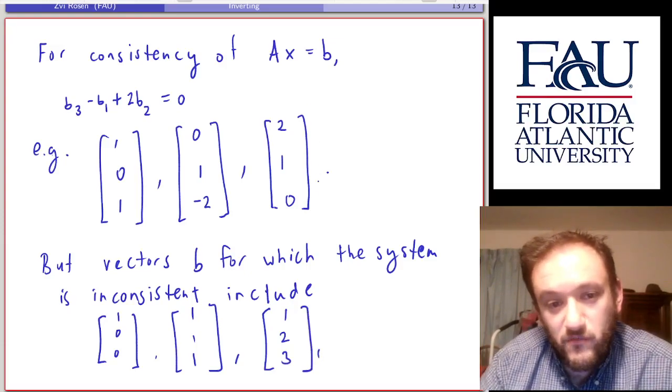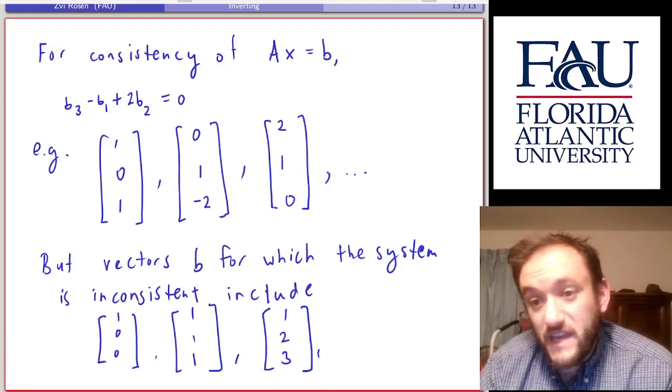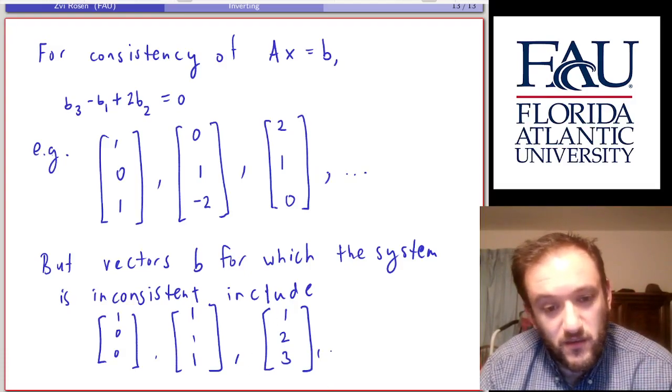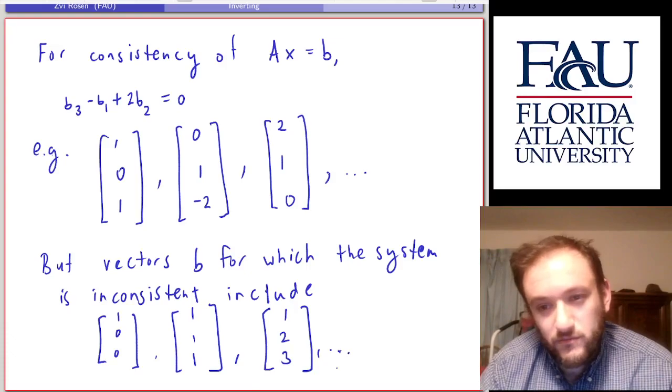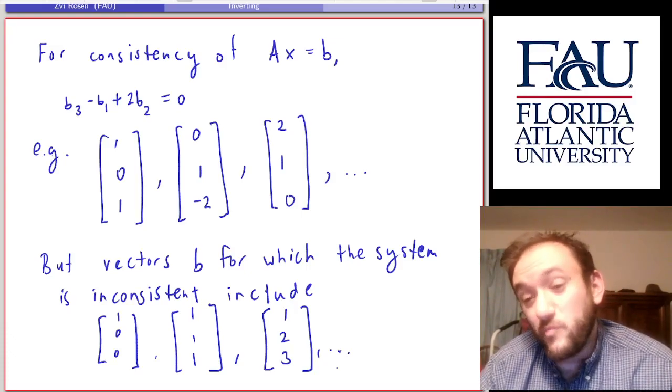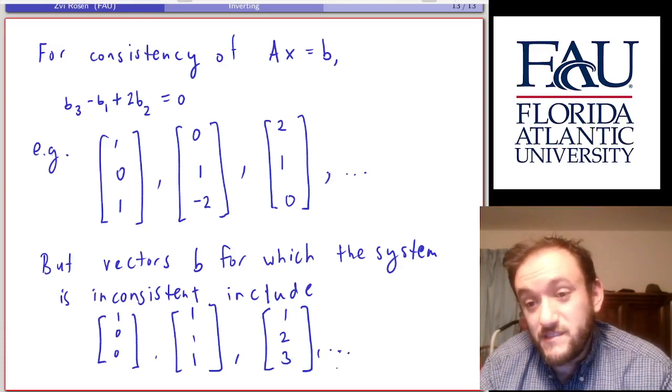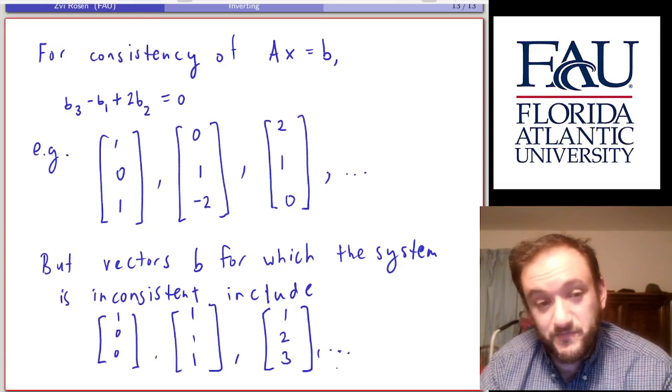So there are a lot of vectors which do satisfy, but in a certain sense, there are many more vectors for which this system is going to be inconsistent.